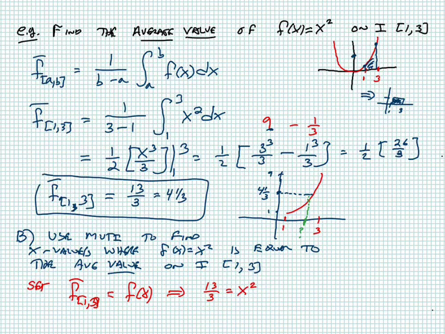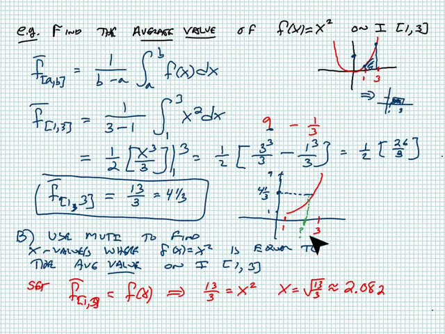And so if I do that, then I get x is equal to the square root of 13 over 3, and the square root of 13 over 3 is approximately, using a calculator. That's why I paused it for a moment. Using a calculator is 2.082 using 4 sig figs.